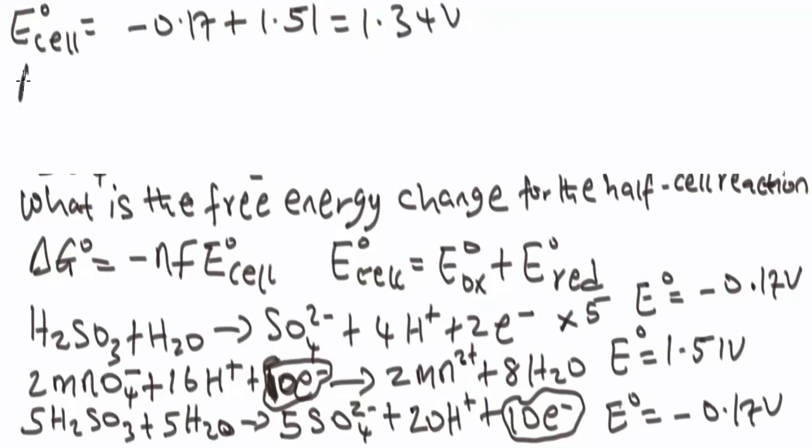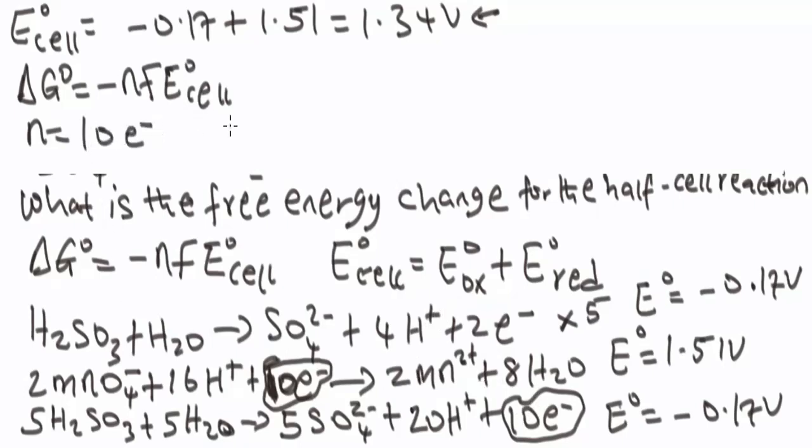Remember, we're going to apply change in standard Gibbs free energy equals minus nF times cell potential. So in this question we have gotten our cell potential to be this value, and our n, which is the number of electrons involved in the redox reaction, is 10 electrons, and Faraday's constant is 96,500 coulombs.